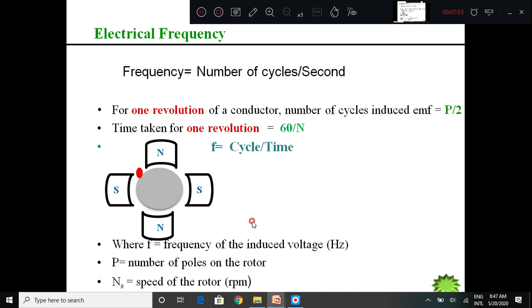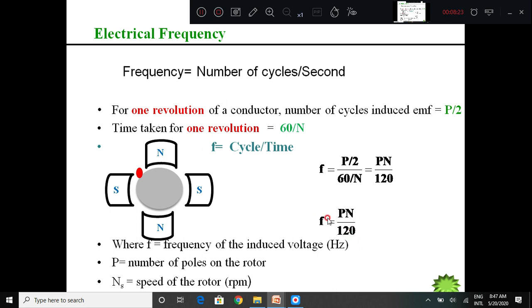Therefore, F is equal to cycles P by 2 over time 60 by n. If you invert the denominator and multiply, then after simplification we get Pn by 120. Therefore, the frequency F is equal to Pn by 120.